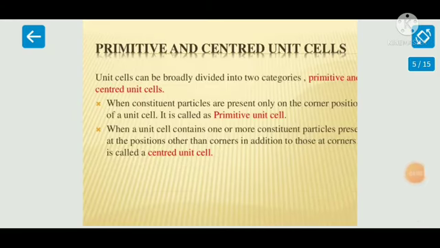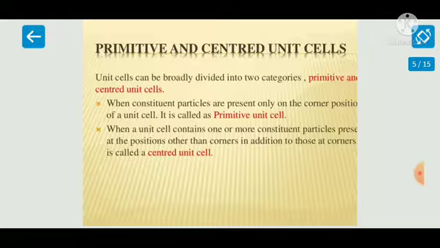Primitive and centered unit cells. Unit cells can be broadly divided into 2 categories: primitive and centered unit cells. When constituent particles are present only at the corner positions of the unit cell, it is called a primitive unit cell.